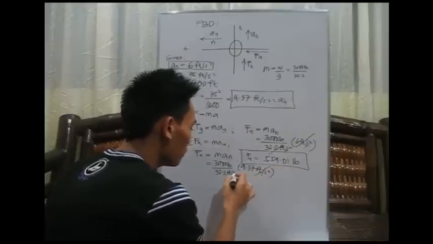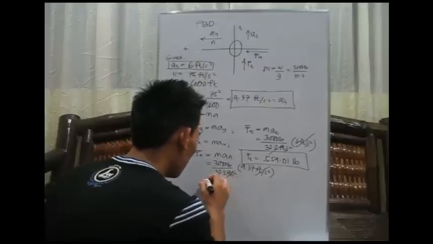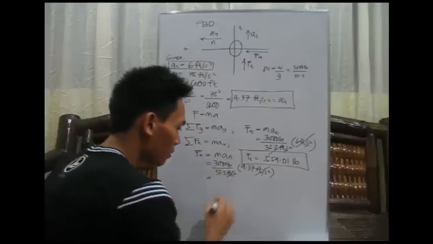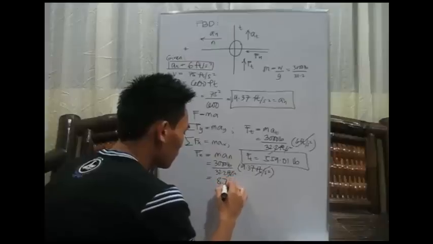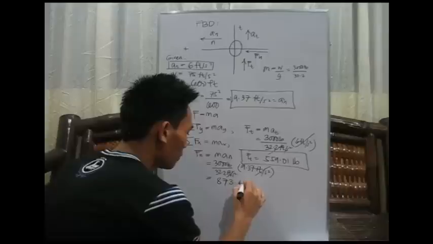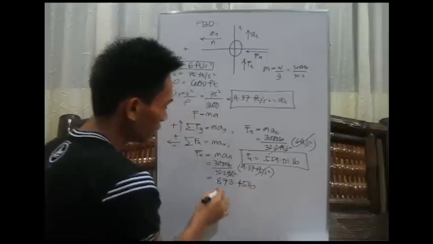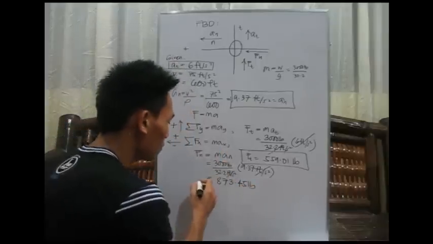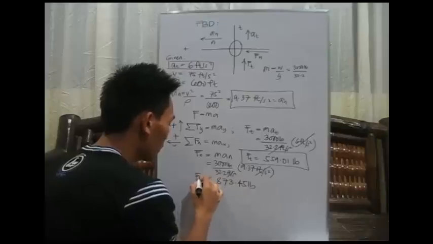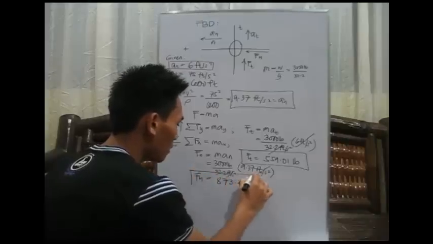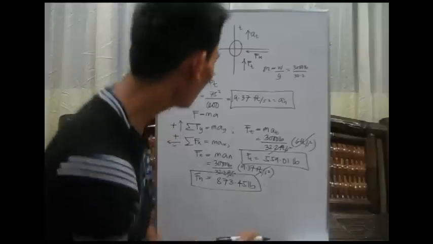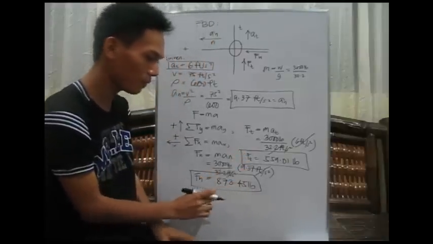We cancel the units, since they are the same unit, so we will have 873.45 lb. The remaining unit is lb. So that is the value of our Fn, and we also have the value of Ft.